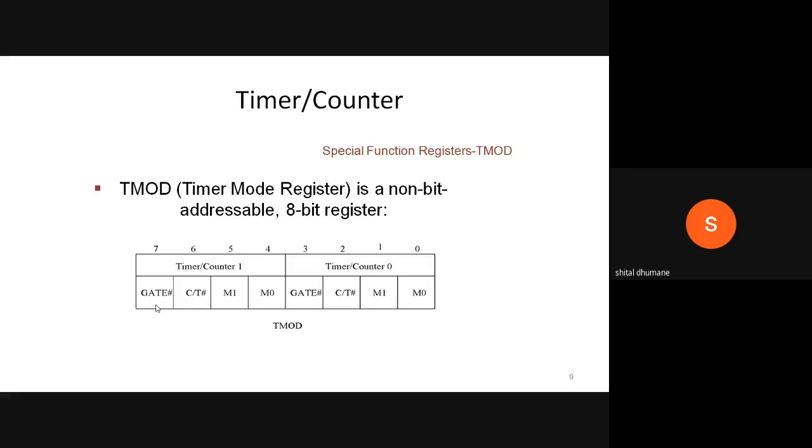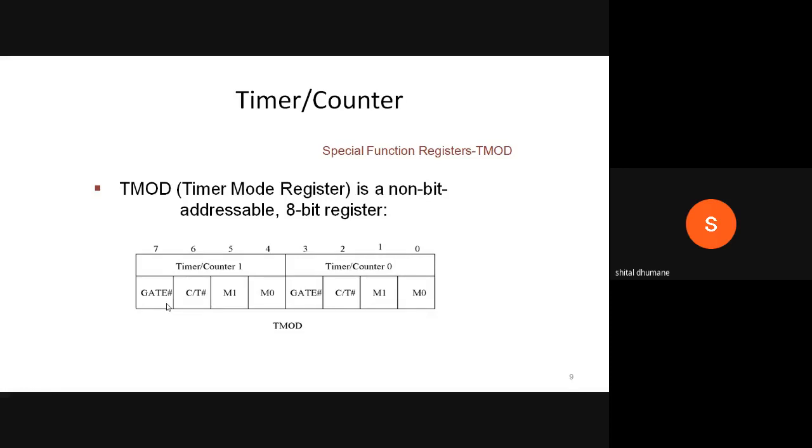And there is a hardware way of starting and stopping the timer by some external sources. Whenever you are using the hardware way, this gate bit is 1, and whenever we are using the software way, this gate bit will be 0.